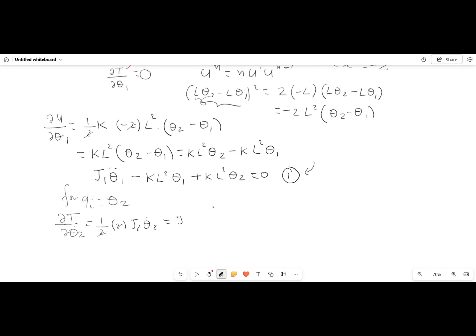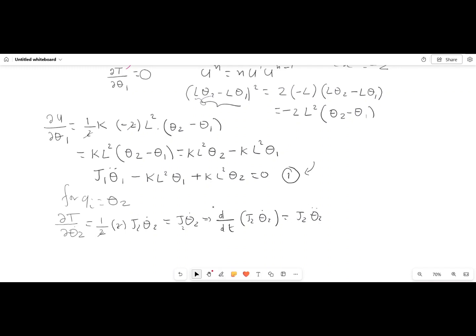The answer is J2 theta dot 2. Now we differentiate in terms of time, and the answer will be J2 theta double dot. As easy as it is.